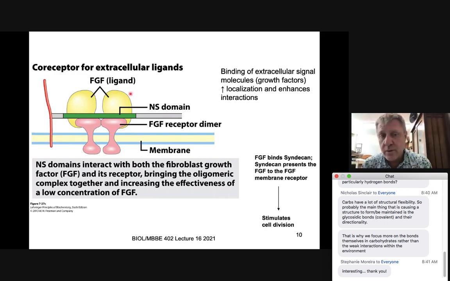So we want to get them, we want to capture them, we want to be able to coordinate those to get the growth factor process to occur. And that is also a process of regulation, because if we don't have this NS domain, or we don't have dimerization of the FGF receptor, we're not going to be able to bind the ligand itself. So again, an illustration of future regulation that we'll see in some cells.